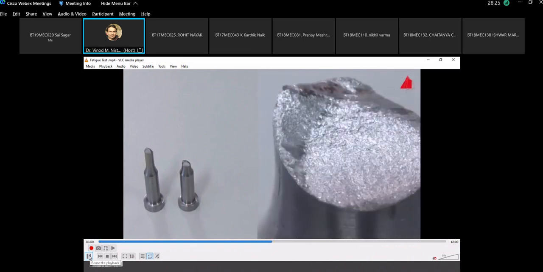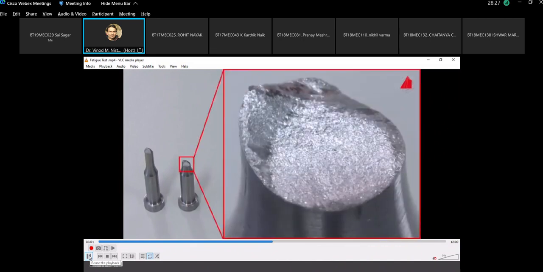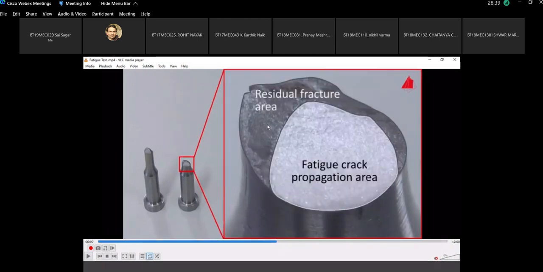So there are two parts in the fracture surface. First is the crack propagation area, and then the fracture area, which is catastrophic. The aim of this is just to make you understand how the cyclic load is applied and how fatigue testing of a material is done.